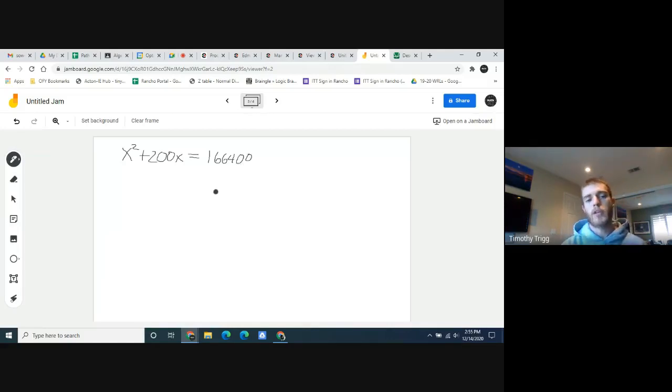So remember, when we want to solve using the quadratic formula or by factoring, we really want everything to be on one side and just 0 on the other side. So I'm going to go and subtract this 166,400 from both sides of the equation.